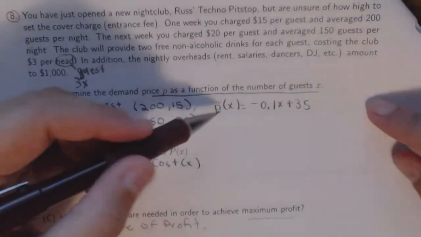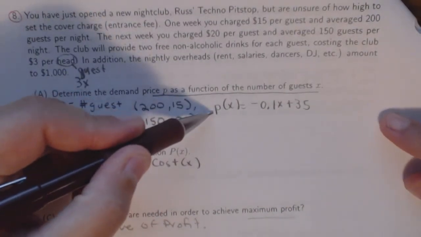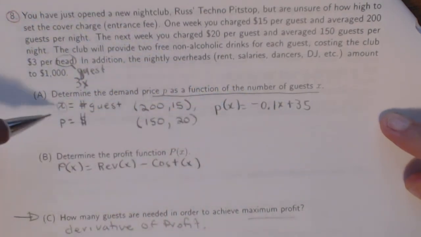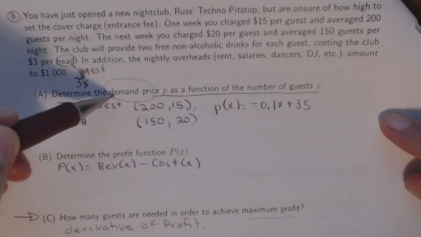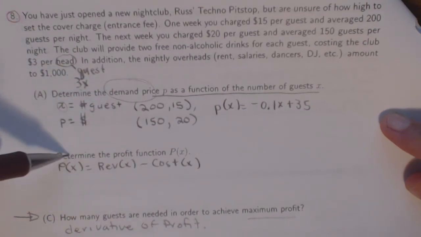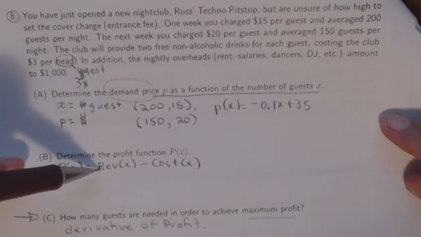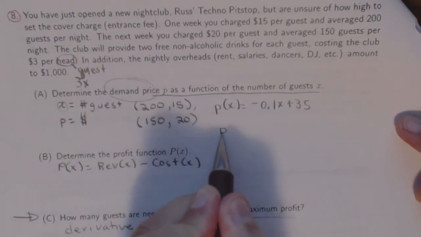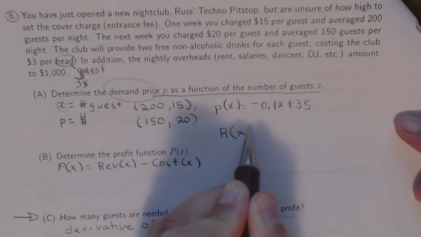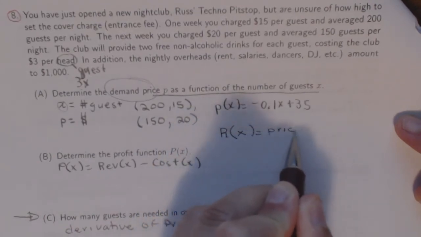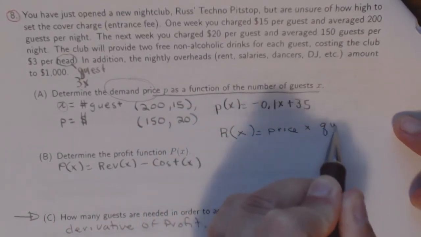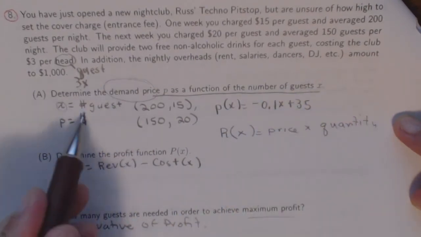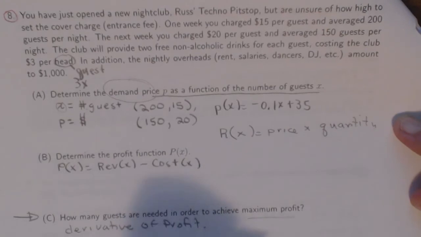Okay, so I took the equation that Excel gave me, P of X equals negative 0.1 X plus 35, and I wrote it here, and that's my demand equation. And now I have to determine the profit. Well, to determine the profit, I need revenue. So this is a good review problem, because revenue is price times quantity, and we want x to stay input, and x is number of guests, so x is the quantity.